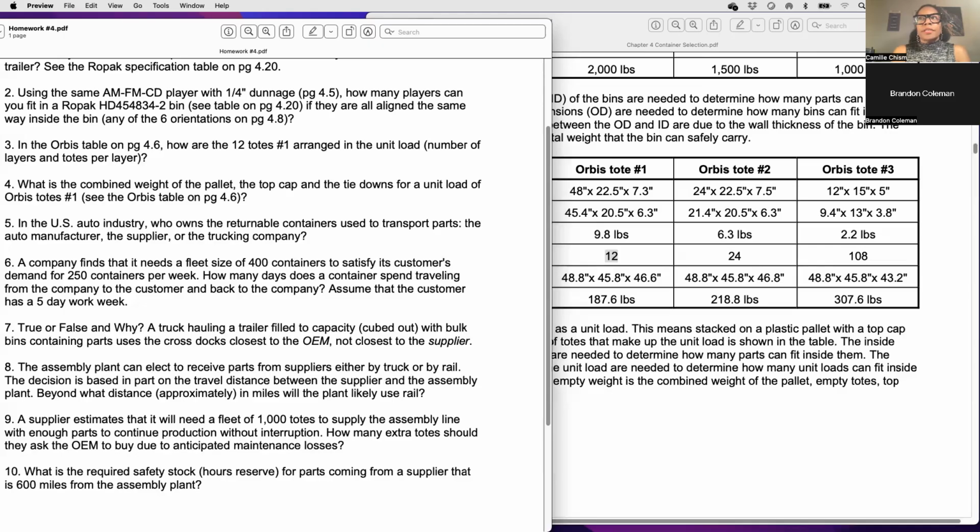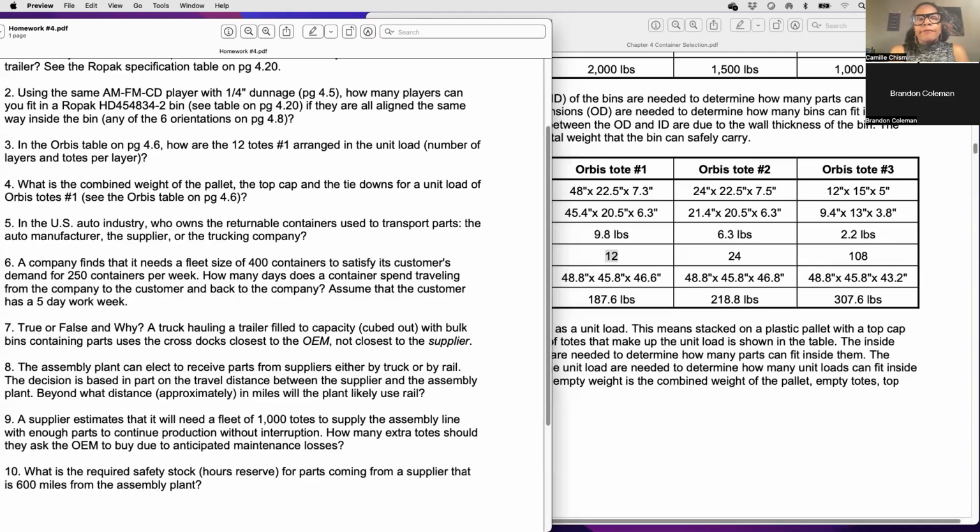And that's where you're going to take the fleet size, which is 400. So your fleet size is 400, and you're looking at your number of days. So you're trying to calculate days.